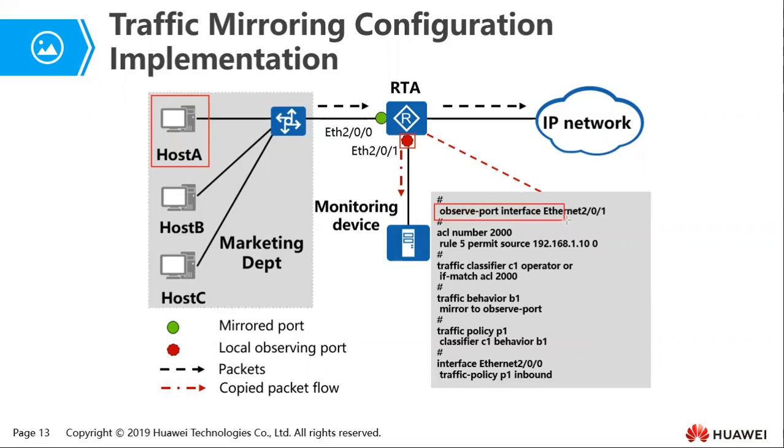We configure in RTA the observing port as 200 01. Then after that, we create an ACL, a basic ACL. Then we specify the source IP address. For example, the IP address of host A is 192.168.1.10. So we specify the source IP address.